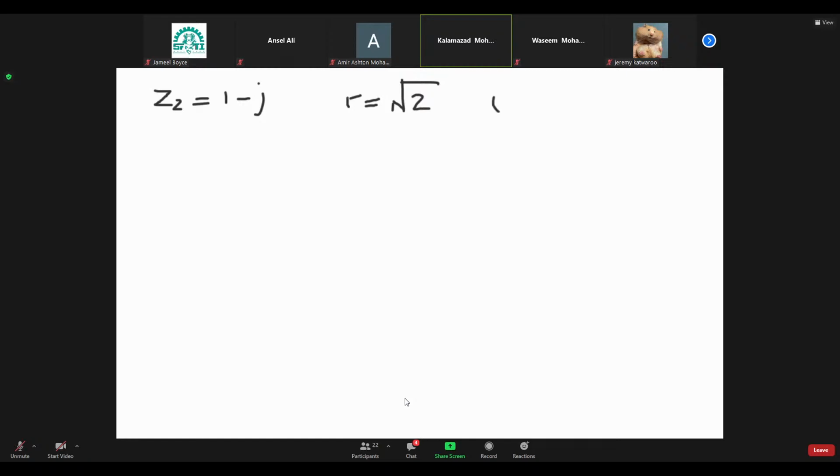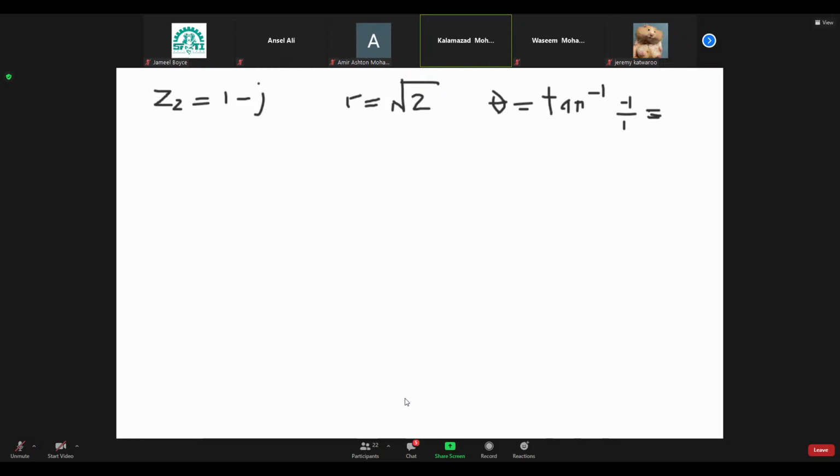Theta is tan inverse of minus 1 on 1, which is, all right, 45 degrees, right?